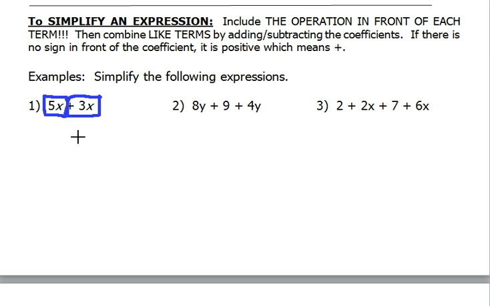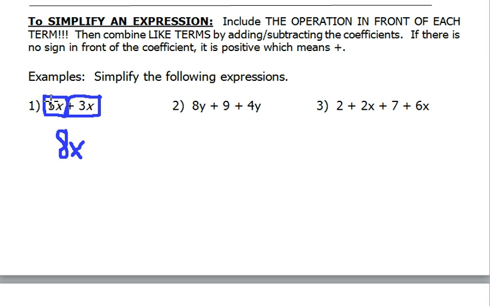Now, in order to combine, I look at their coefficients, 5 and a positive 3, or plus 3. In this case, I'm adding those together, 5 plus 3, and I get 8. And I have to keep the variable with it, so I have 8 x's.